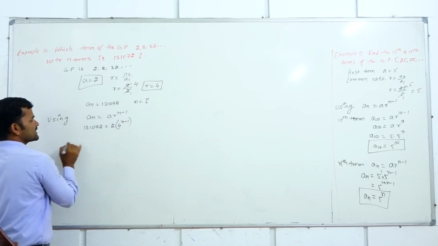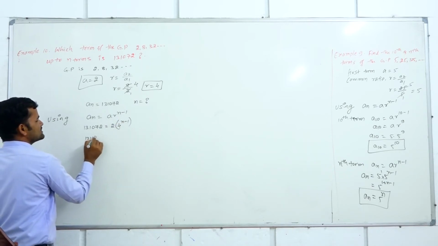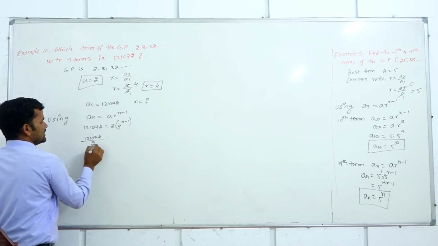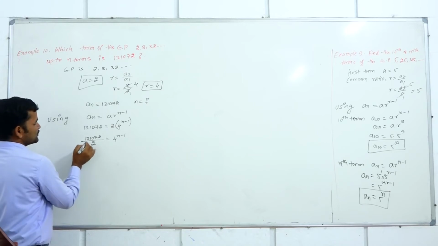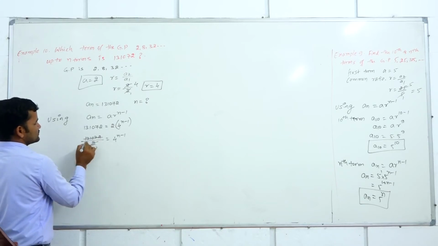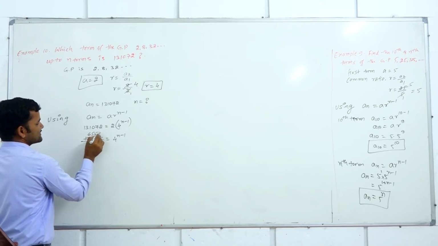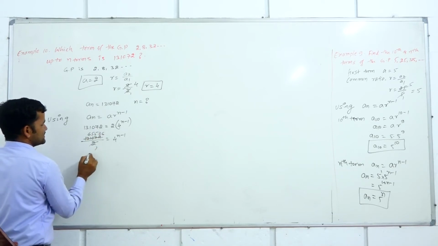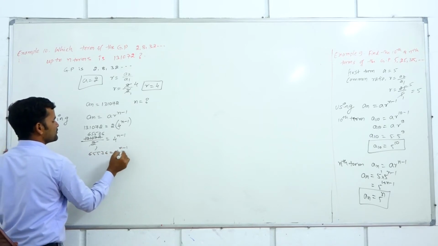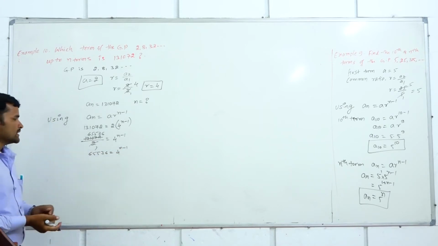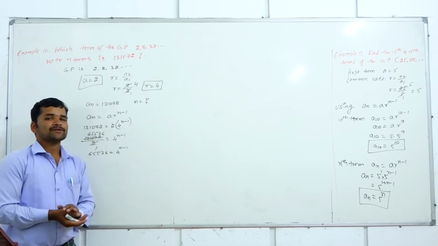Okay, 2 I can take to the left hand side. 131072 divided by 2 is equal to 4 to the power of n minus 1. 2 ones are 2, 6 are 12, 1 remains, 11, 5 are 1 remains 0, 5 threes are and 6. This is 65536, which is equal to 4 to the power of n minus 1.